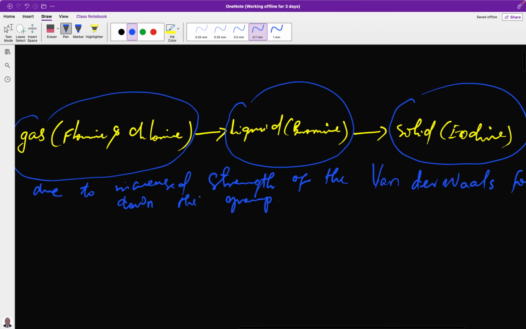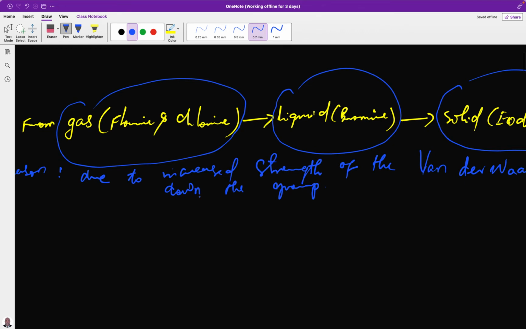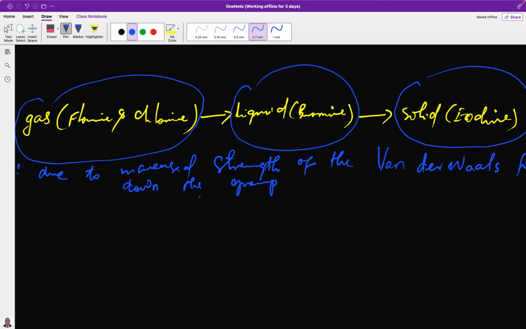So now the physical state of the element down the group changes from gas, that is fluorine and chlorine, to liquid, that is bromine, and finally to solid, which is iodine, due to increased strength of the van der Waals forces. There is something I want to explain here. Van der Waals forces summarizes all the intermolecular forces.